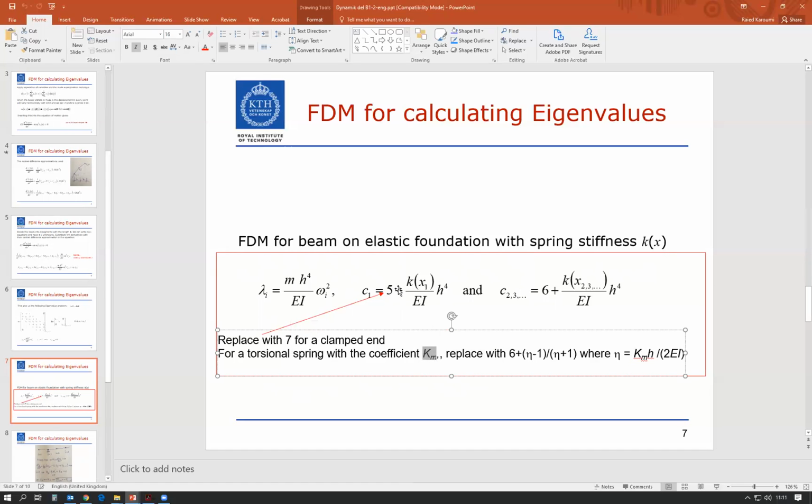Then we replace the 5 with this expression, where eta is a function of the spring stiffness. All of these can be derived depending on the boundary condition. I will show you how to derive the 5. The same thing can be done for a clamped end, just considering a different boundary condition.